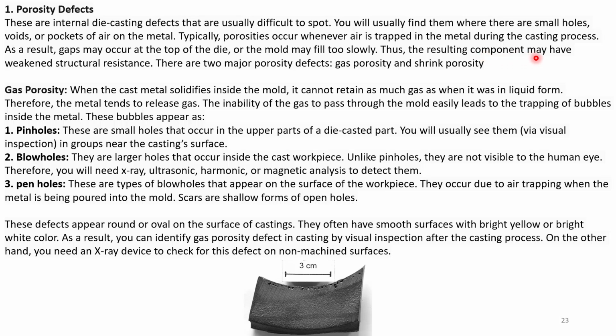Thus, the resulting component may have weakened structural resistance. There are two major porosity defects: gas porosity and shrink porosity. First we are reading about gas porosity. When the cast metal solidifies inside the mold, it cannot retain as much gas as when it was in liquid form.